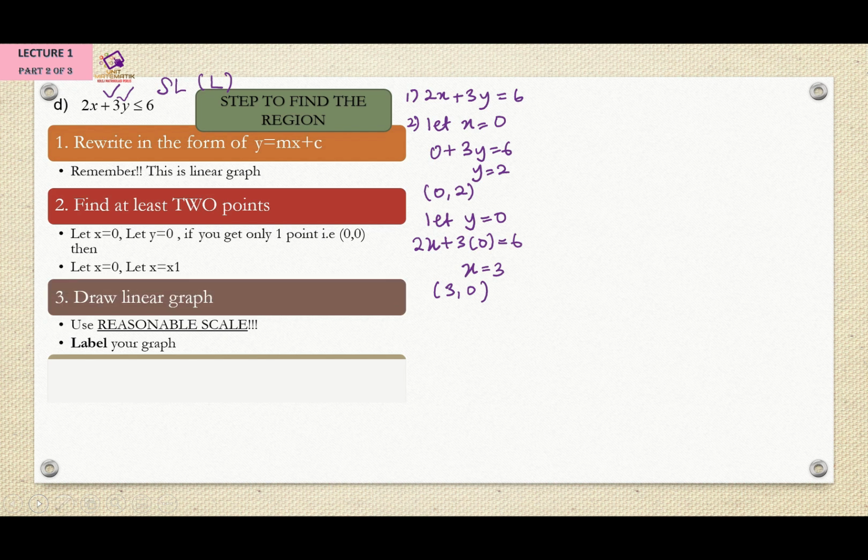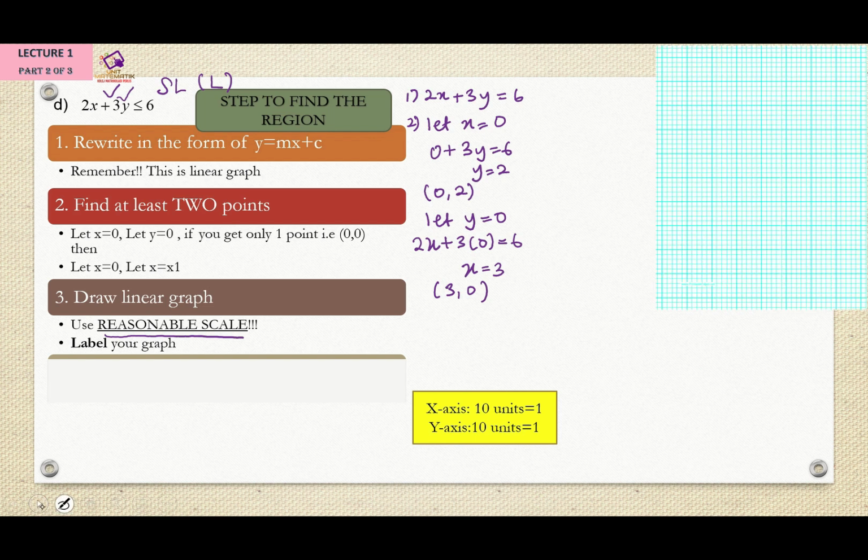Then the third step, again, we need to use a reasonable scale. So for this graph, we will be using the scale for x-axis, 10 units equals 1, and for y-axis, 10 units equals 1 as well. So this is your graph paper. Draw your axes first.